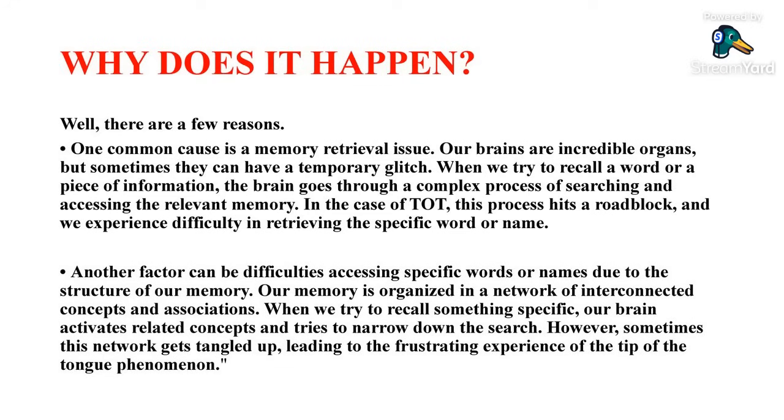There are a few reasons for this phenomenon, and the first reason is memory retrieval issues. Our brains are incredible organs, but sometimes they can have a temporary memory glitch. When we try to recall a word or a piece of information, the brain goes through a complex process of searching for that word. In fact, sometimes it happens with words you've been using so well. At times I even find it hard to spell some words.